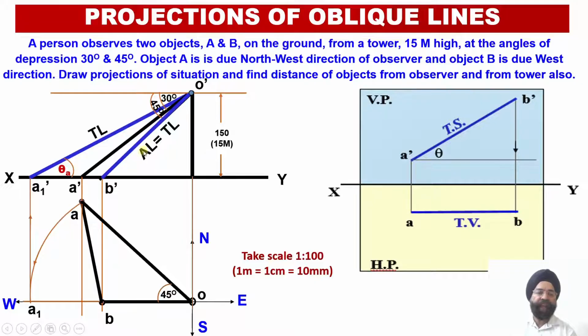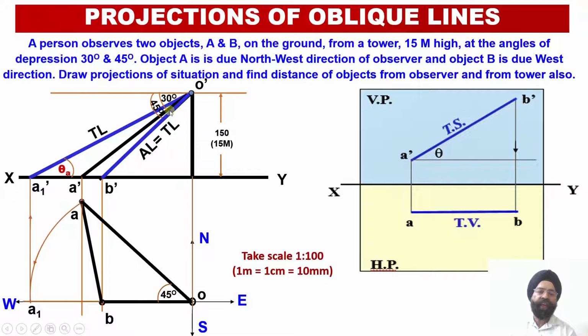So this way the apparent length is equal to the true length. So we have been able to obtain the true length of the string or the ray of sight joining the location of the observer with the object B, and O dash B dash is the second blue line over here.